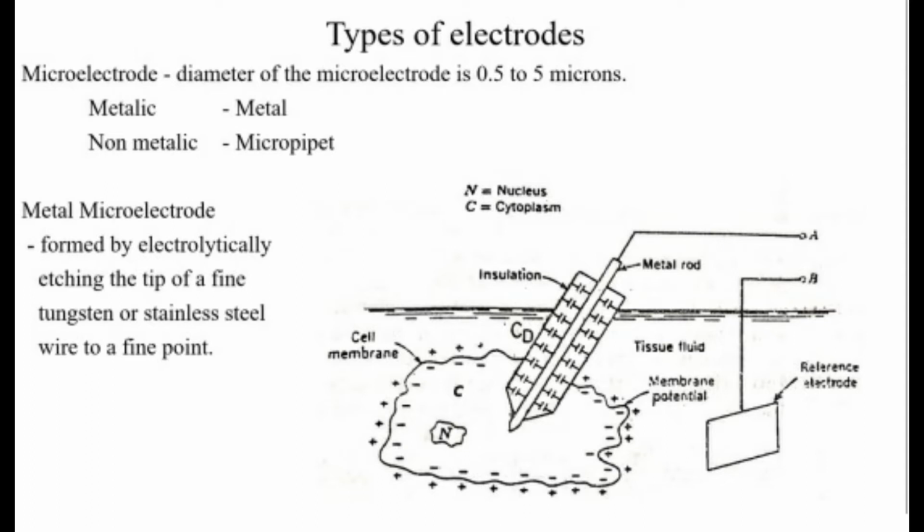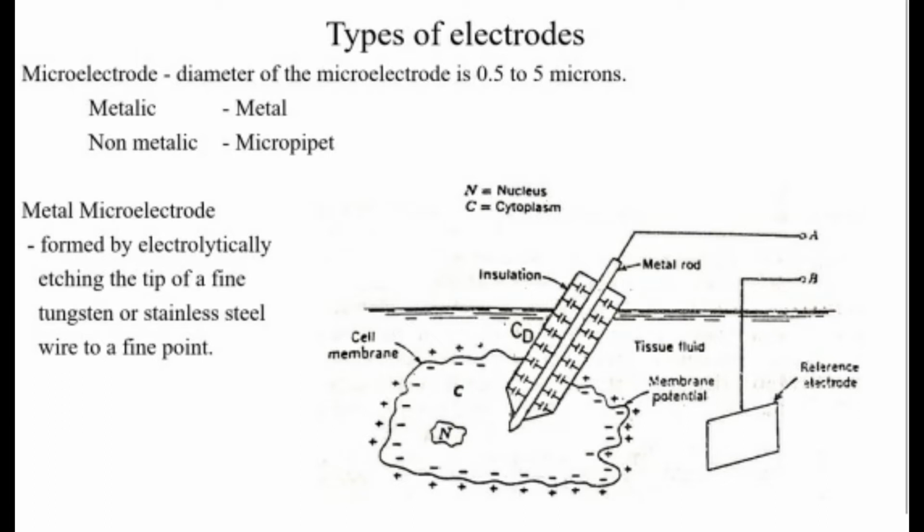The size of the electrode is determined by the size of the cell. Since the size of the cells is about 50 microns, the diameter of the tip of the microelectrodes ranges from 0.5 to 5 microns.